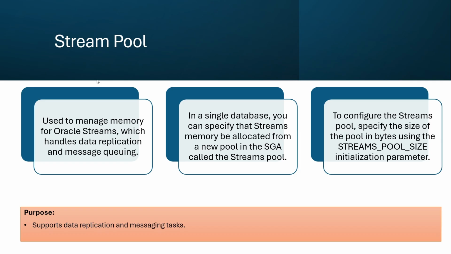So if you are having data replication between certain objects, tables, views, or indexes, at that time the streams pool will come. If you have a distributed database architecture and you want to replicate certain tables to another database, at that time streams pool will come into the picture. It supports data replication and messaging tasks.